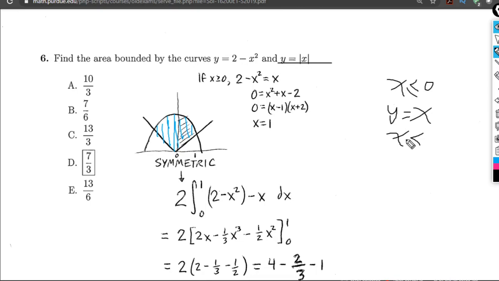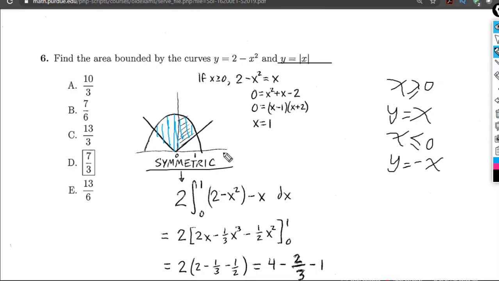When x is, wait, that should be less than 0, the equation of the line is actually y equal to -x. So that's why you would need to write two integrals if you don't notice the symmetry, and do just half of the times 2. So that's the idea behind the symmetry and the 2 here.